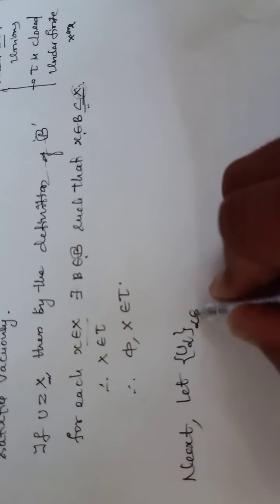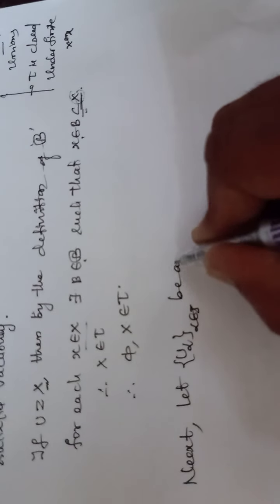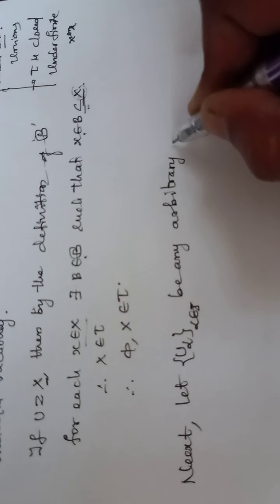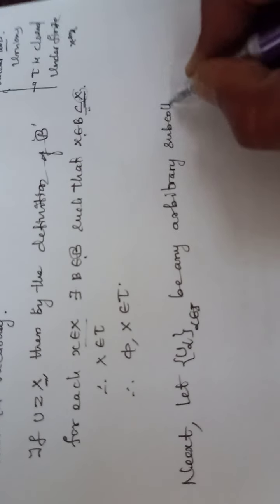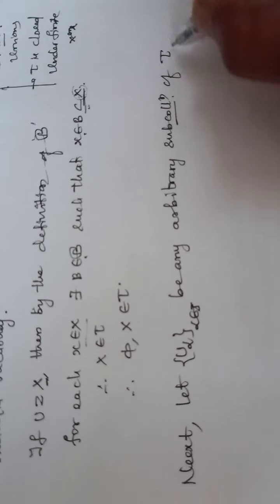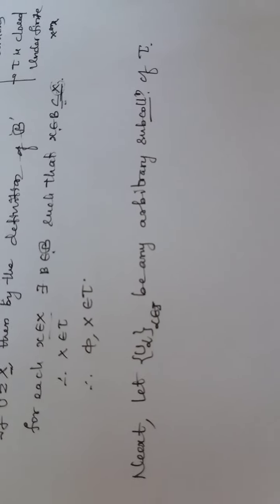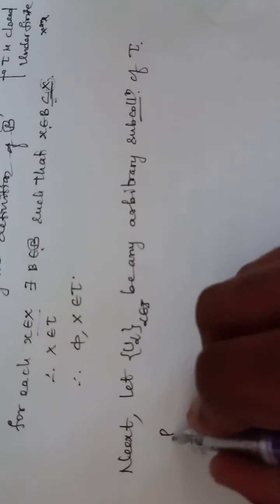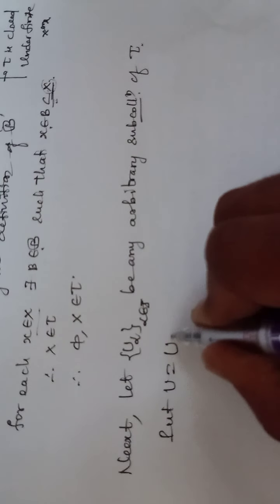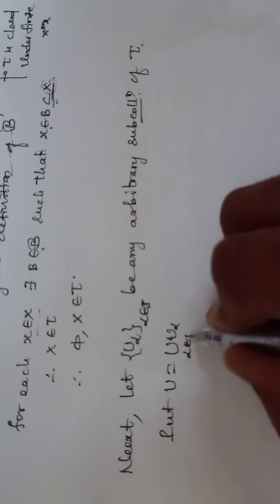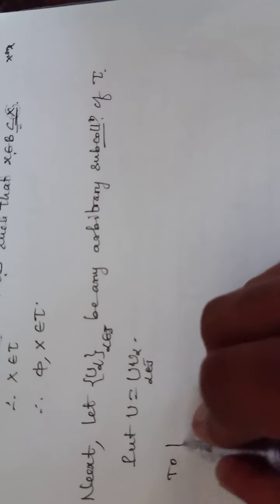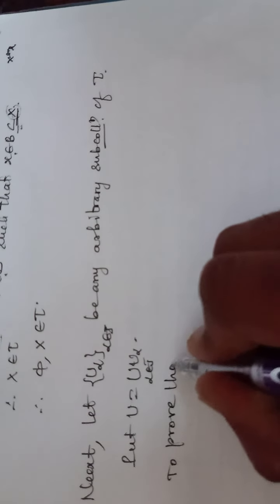Let U_alpha, alpha belongs to J, be any arbitrary subcollection of tau. So put U equal to the union of U_alpha, alpha belongs to J. What we need to prove is that the union of this collection belongs to tau, that is, to prove that U belongs to tau.